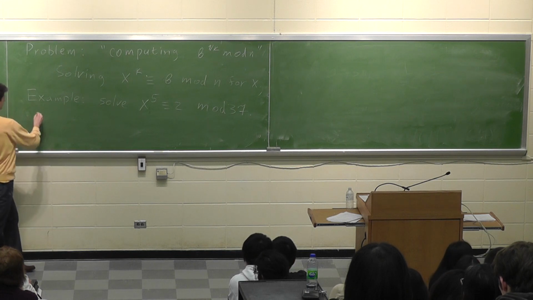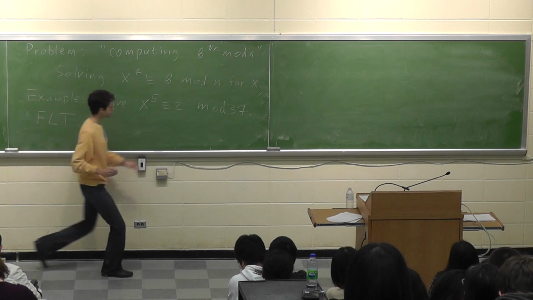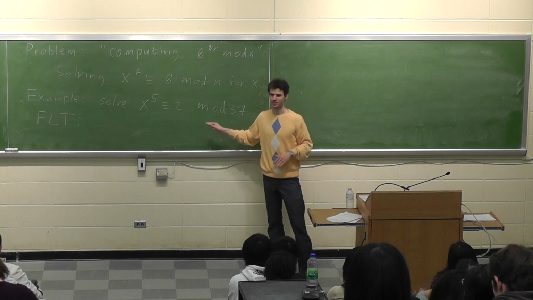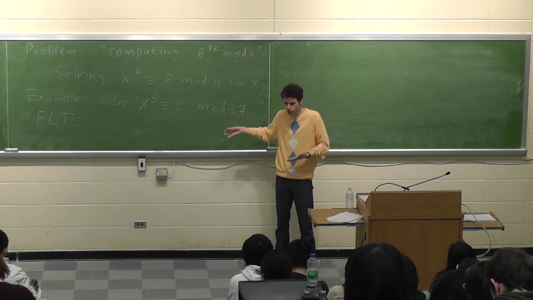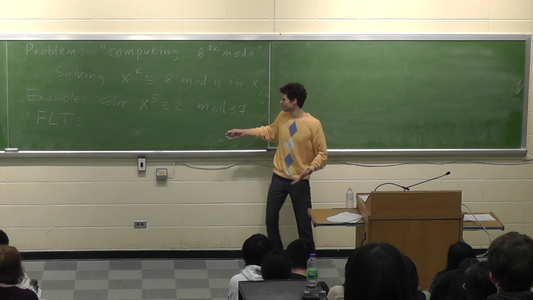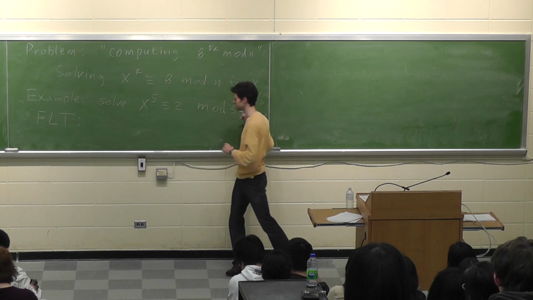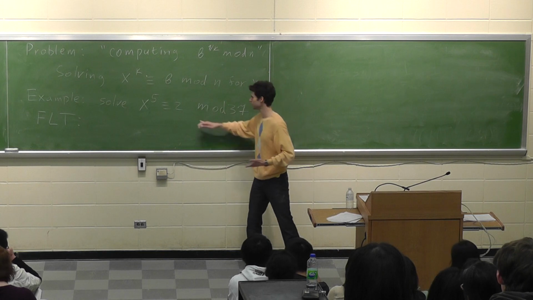Okay, so let's see what Fermat's little theorem tells you. But first, before I go to the shorter way, let me give you an obvious answer which should have come to your mind. Just take all the possible x's from 0 to 36, raise each one of them to the power 5, and compare with 2.